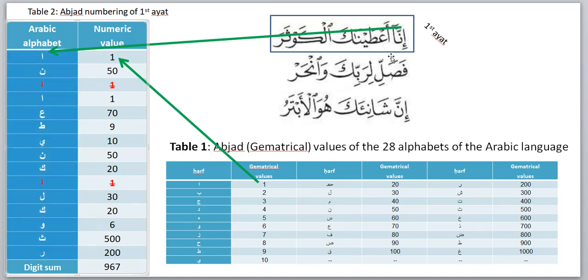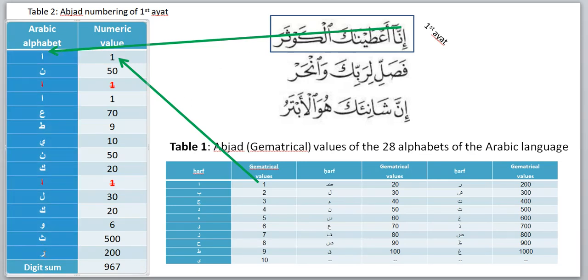For example, first position Alif, second position Nun, third position Alif, fourth position Alif, fifth position Ain, and sixth position Ta, and so on. At the last there is Ra.